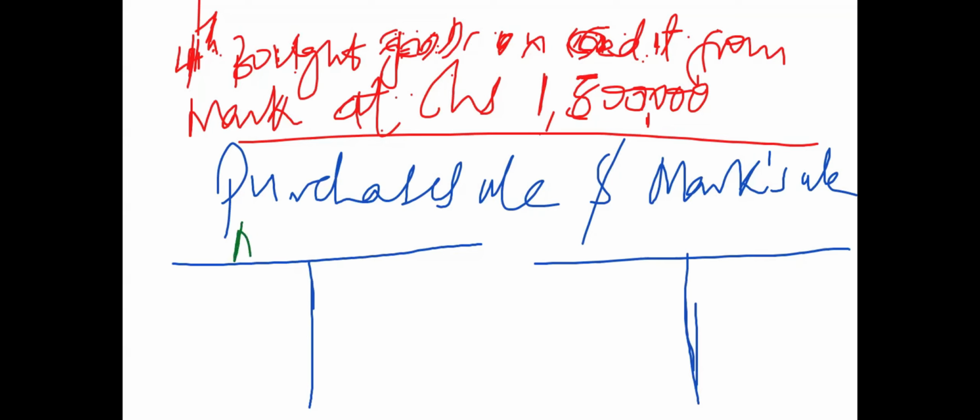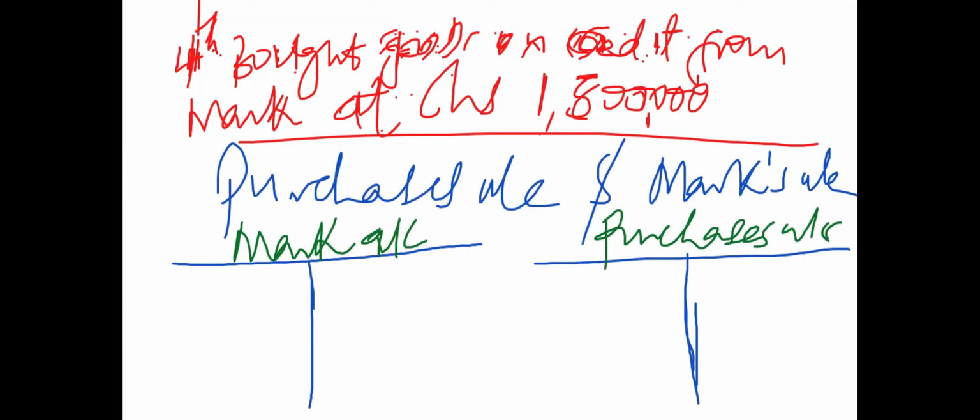So we can call this Mark's account. Then this is purchases. Then you put the currency sign. You can put in thousands, we are working in thousands because we don't have space. What we do next is to find out which accounts are going to be debited and which accounts are going to be credited.